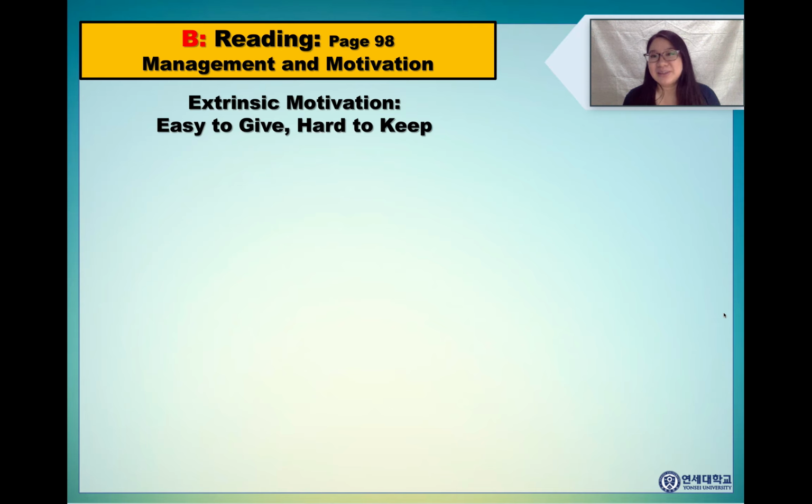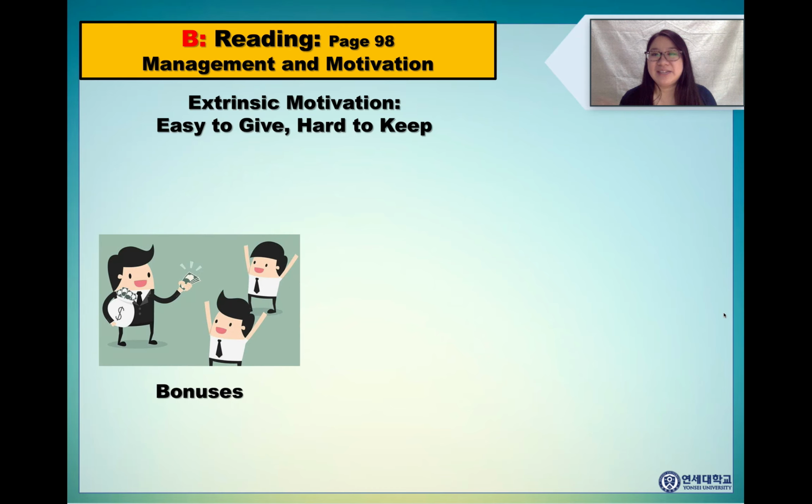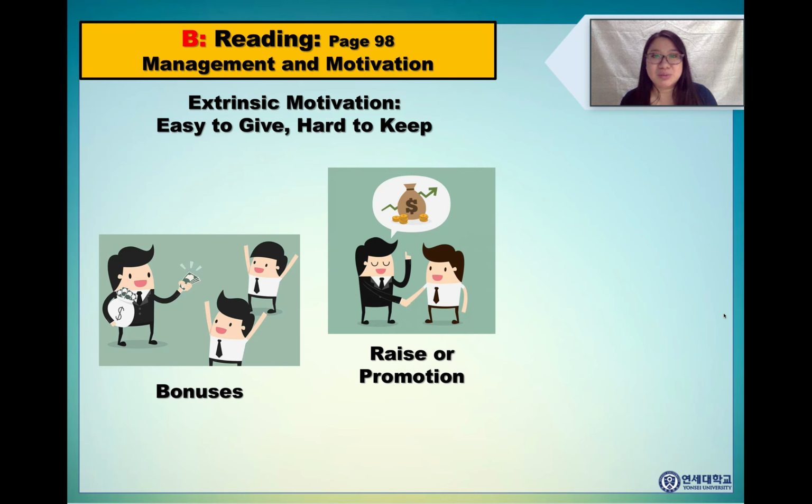Now let's think about this in an office situation. With extrinsic motivation, it's really easy to give, but it's hard to keep the benefits for a long time. We can give extrinsic motivation by giving an employee a bonus, giving them a raise or a promotion. That always feels good.